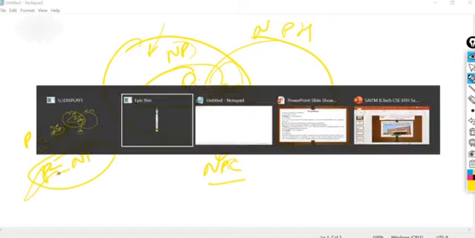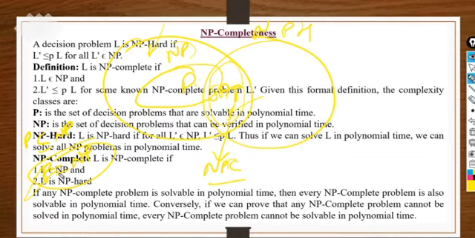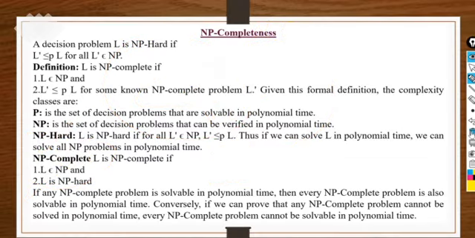So up to now, I hope it is clear to all of you. NP completeness, it is showing here Cook's theorem actually. A decision problem L is NP hard if L dash can be reduced, using the polynomial time reduction symbol here. Either you can use this one or this one, right?